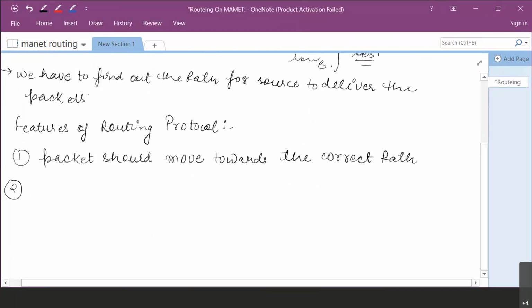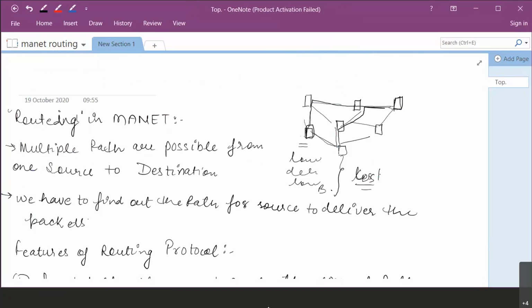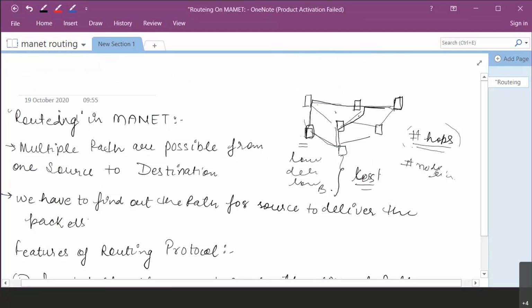And what about the second one? When it chooses the path, it has to take care of certain parameters, like how many hops have to be present in a particular path, as well as how many nodes and links can be present in the particular path.